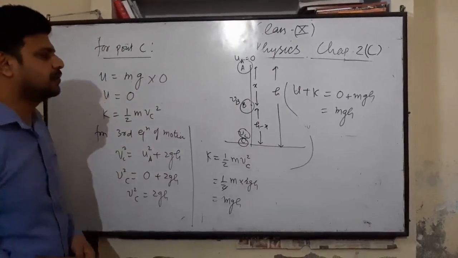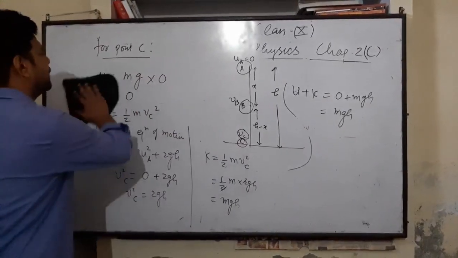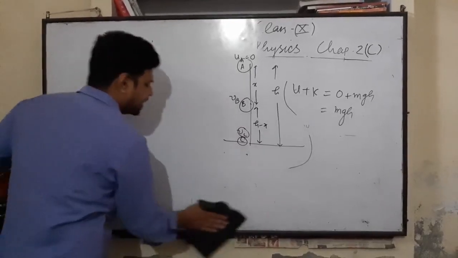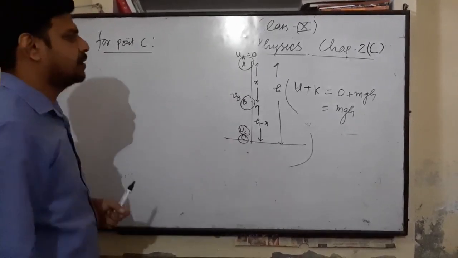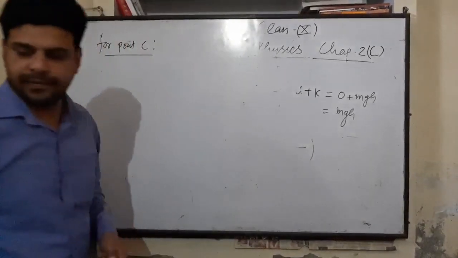So this is the proof of conservation of energy. The total energy of any object remains constant, and in the case of motion under gravity, the value of this constant is mgh.